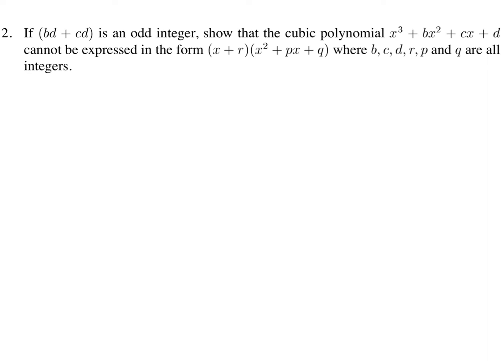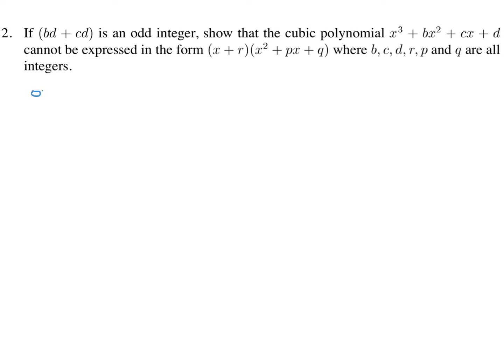If bd plus cd is an odd integer, show that the cubic polynomial x to the power of 3 plus bx squared plus cx plus d cannot be expressed in the form (x plus r) times (x squared plus px plus q), where b, c, d, r, p, and q are all integers.